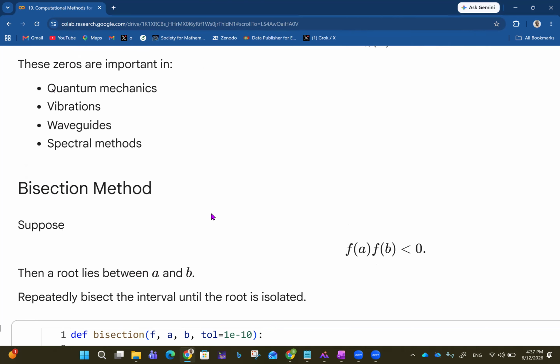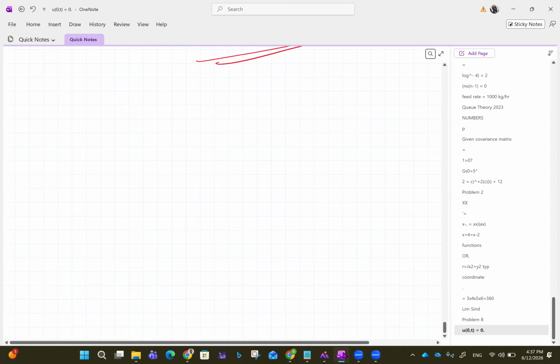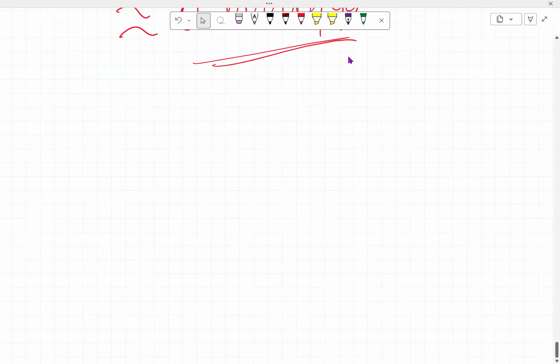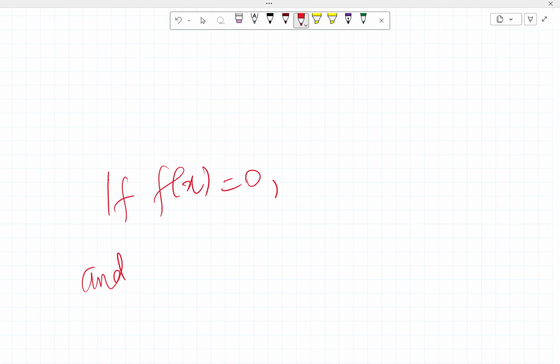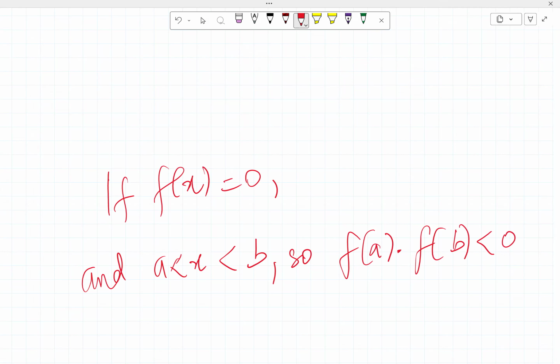The idea of the bisection method is that if you have a function f of x and you are solving f of x equals 0, and x lies between a and b, then by all means the function evaluated at a multiplied by the function evaluated at b must be less than 0 for this to be true.